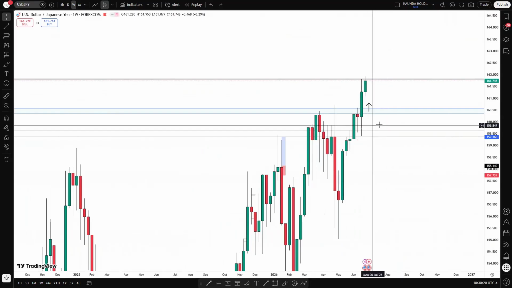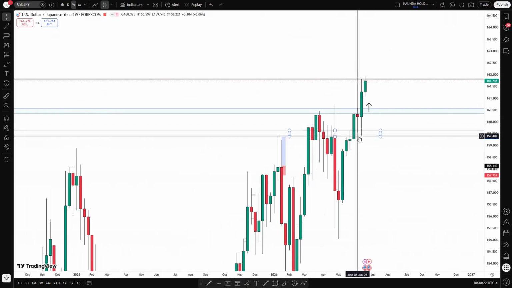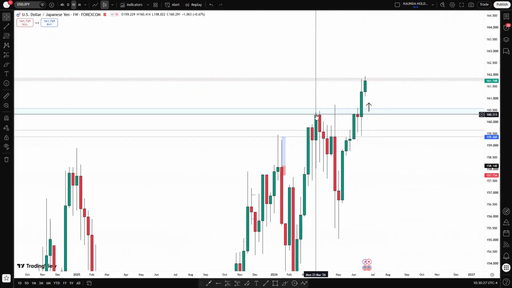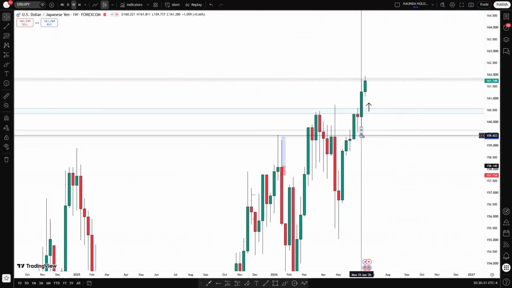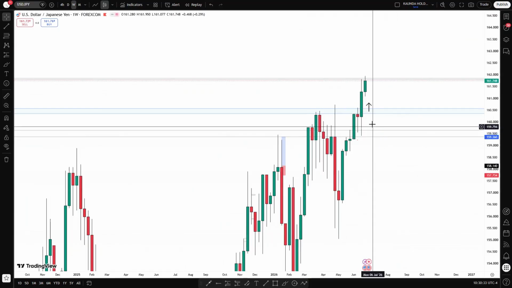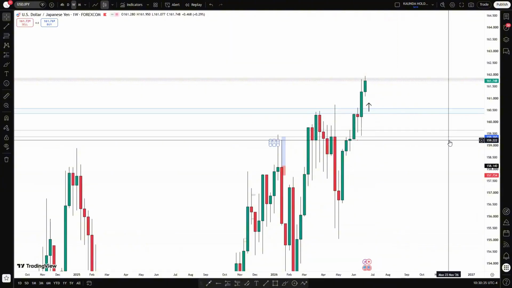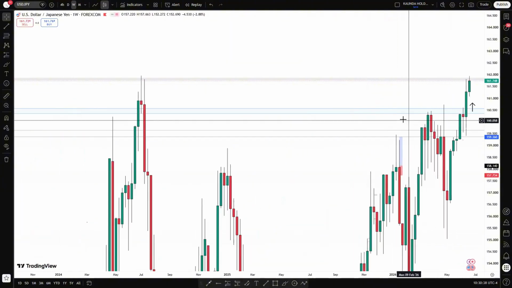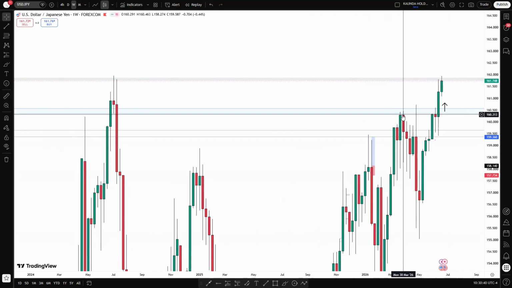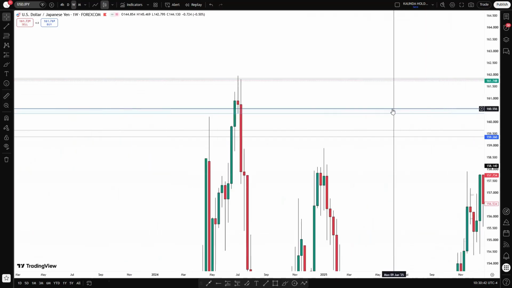Firstly, where I would have looked for buys was supposed to be this level. But price never broke above this level, you see. But still this was the point where I wanted to buy from. Then price decided to buy and close above this weekly high here, you see.